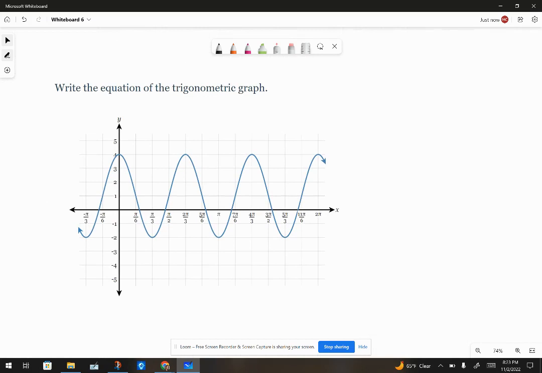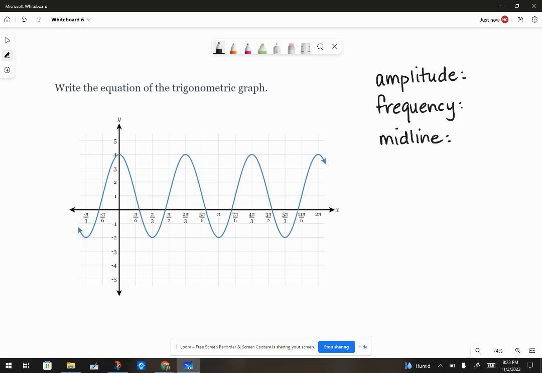And remember, let me write down, I think we needed the amplitude, that's your A value. We need the frequency, that's your B value. And we need A, B, C. We're not doing C. We need our D value, our midline, right?